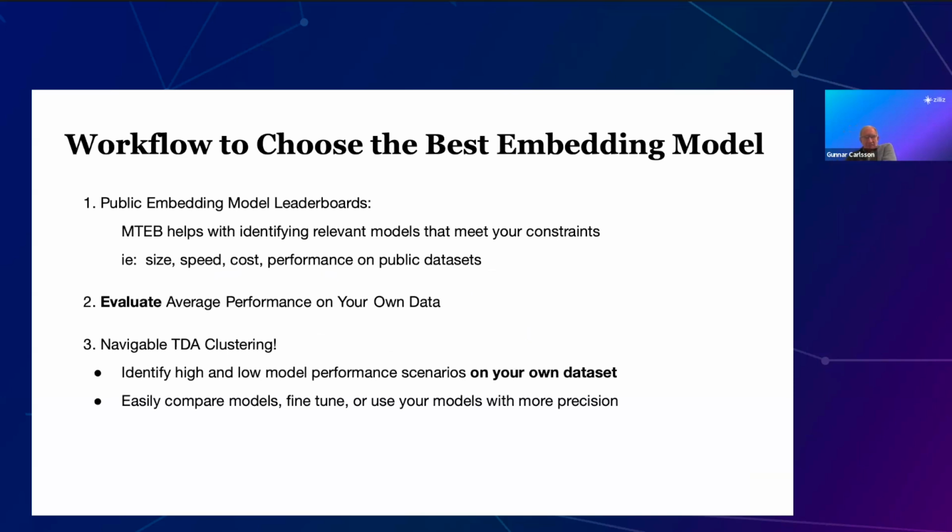You could then do an evaluation of average performance to give you a sense of some of the better models from some of the worst. However, step 3 is really important, which is the navigable clustering we've shown you today, which helps you to understand the actual pros and cons on your data set of any model. And once you become aware of those pros and cons, you could then choose the best model for you, fine tune with more precision, and also use your models with more precision.